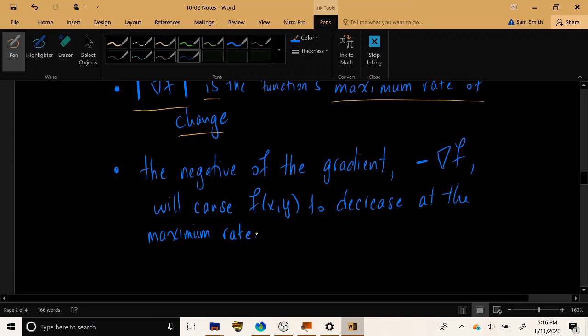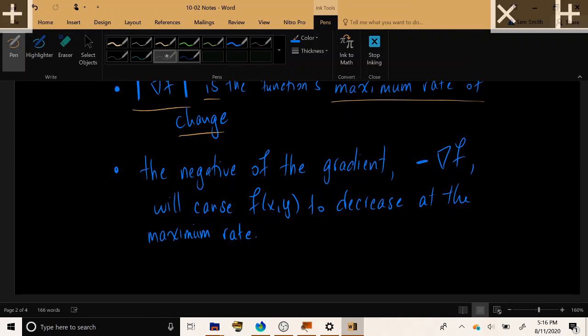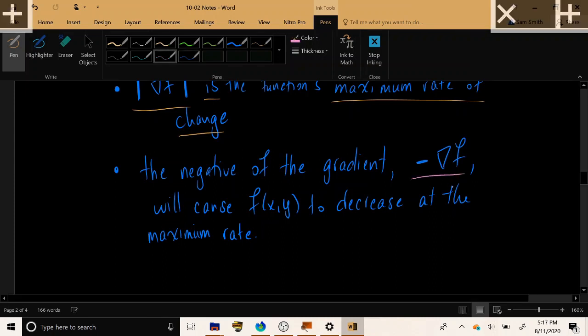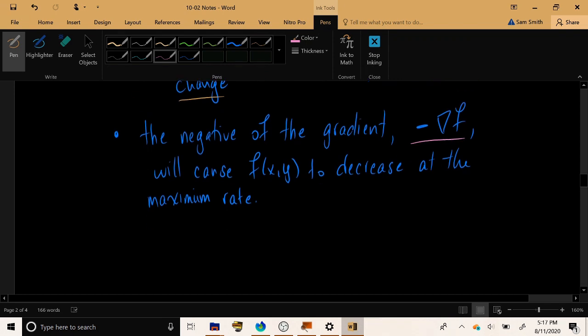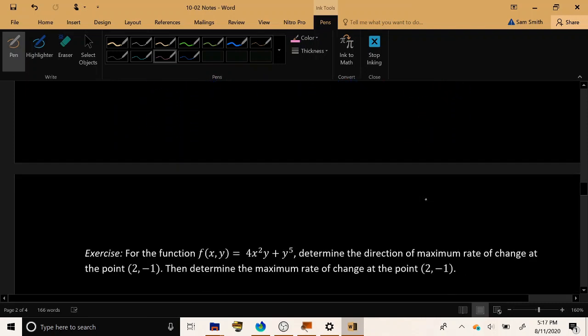So if you want to decrease f as fast as you possibly can, there's some kind of emergency, you need to get that value down right now, find the gradient of your function and take the negative of that gradient, and that's the direction that you should go in to decrease the function's value as fast as you possibly can.